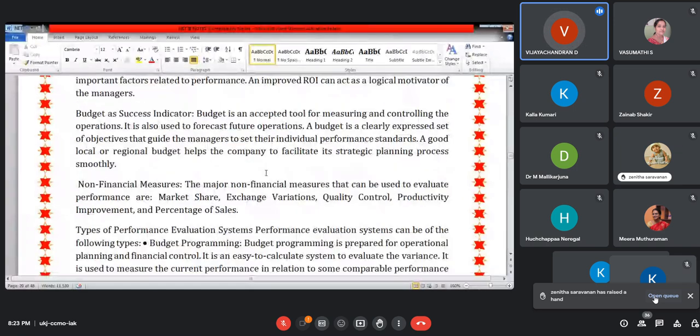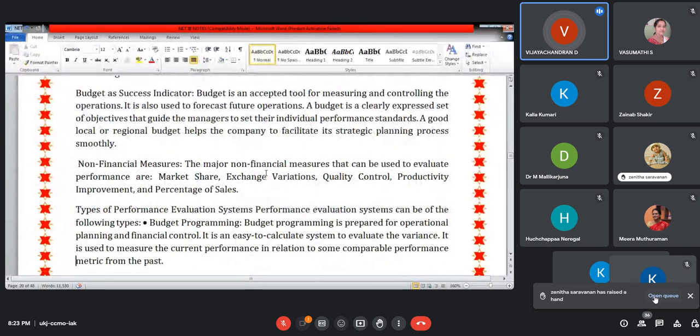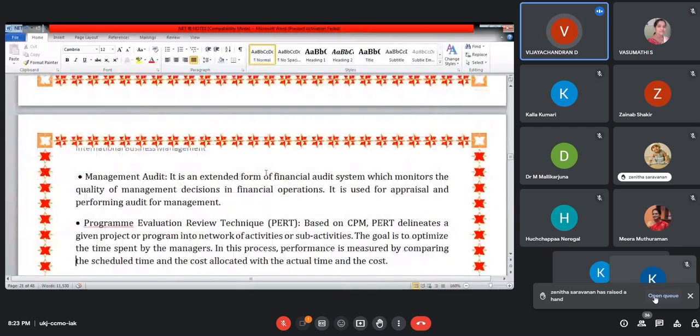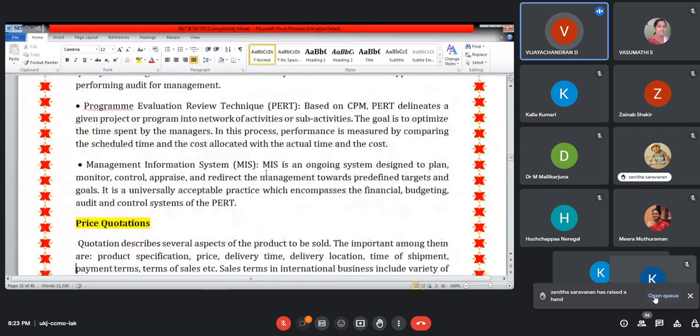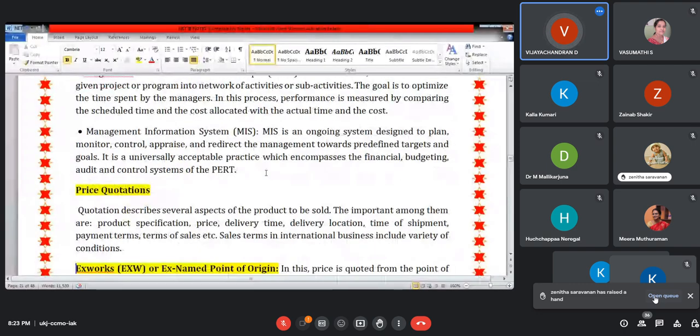Also, not only the monetary benefit, also non-monetary benefit you have to see, like QC, quality control, productivity improvement, market share. Everything you have to see before going for international trade: management audit, PERT (program evaluation review technique), MIS (management information system).